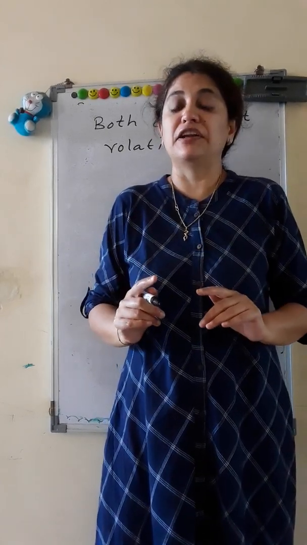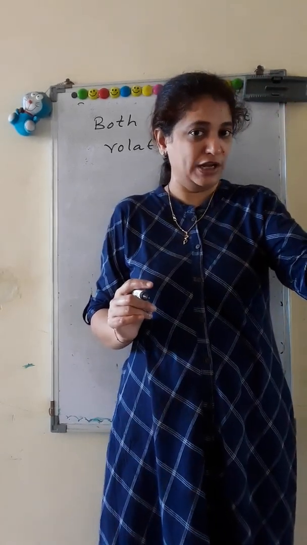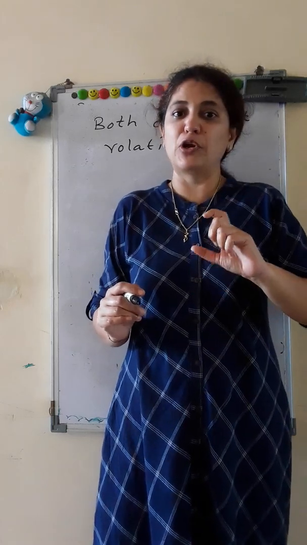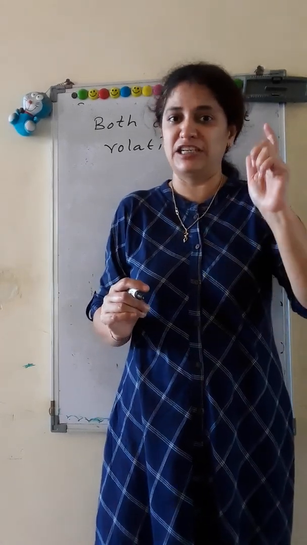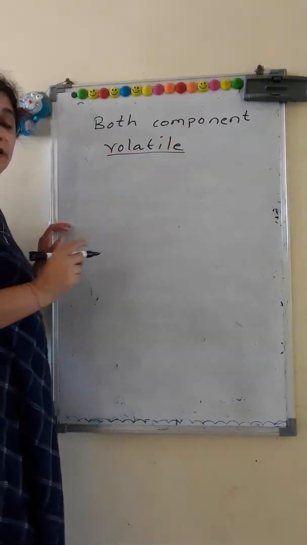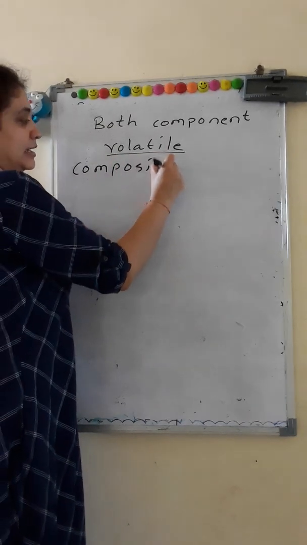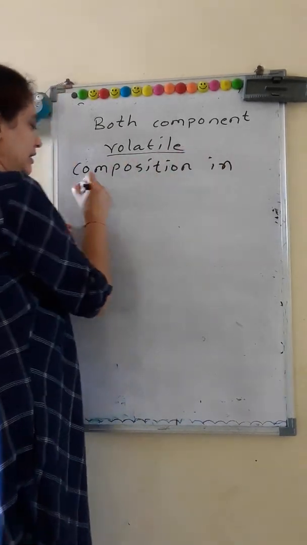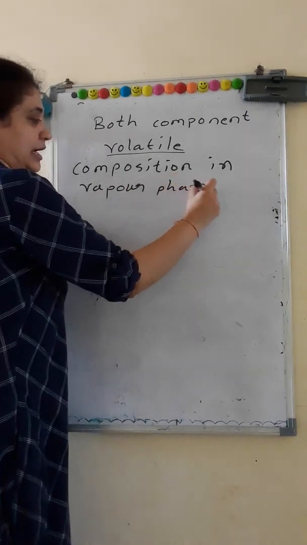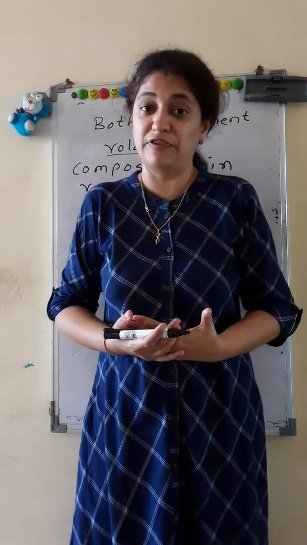Means the liquid which has lower boiling point will pass into the vapor phase more than the liquid which has higher boiling point, because lower boiling point liquid evaporates faster. So when both the components are volatile, their composition in vapor phase can be determined. As I already told, lower boiling liquid will pass into the vapor phase more.